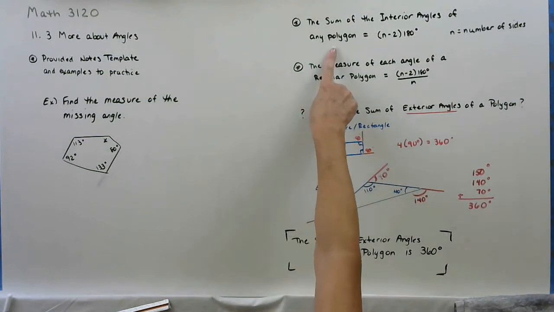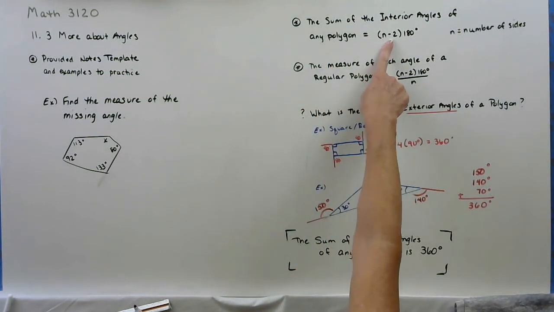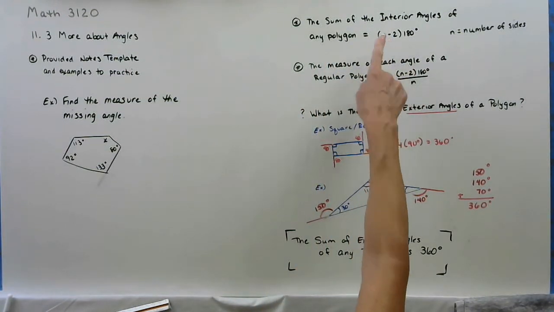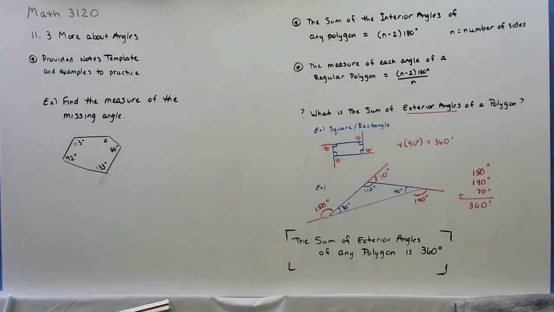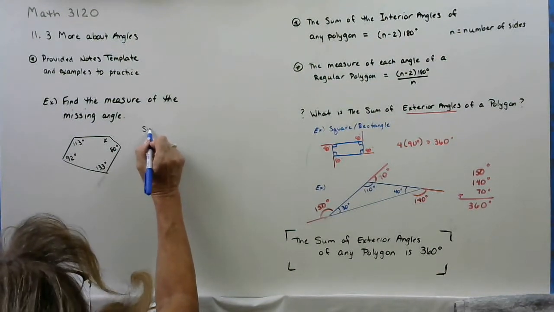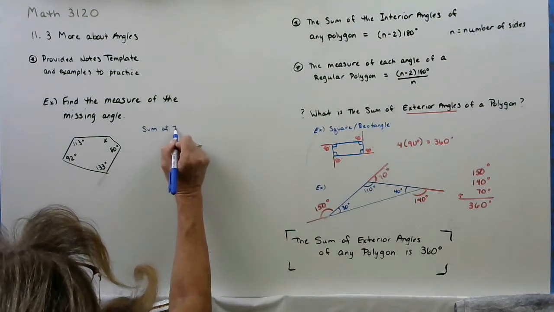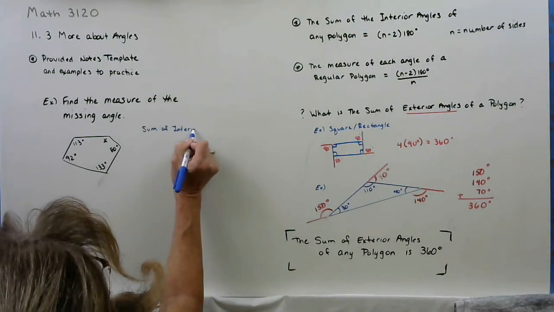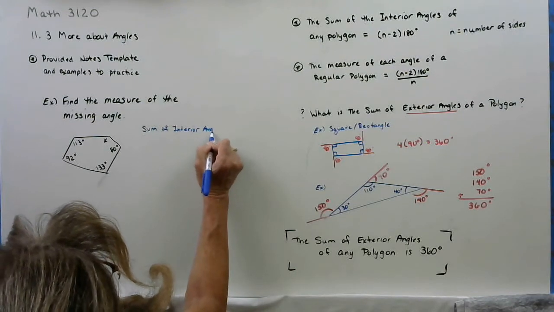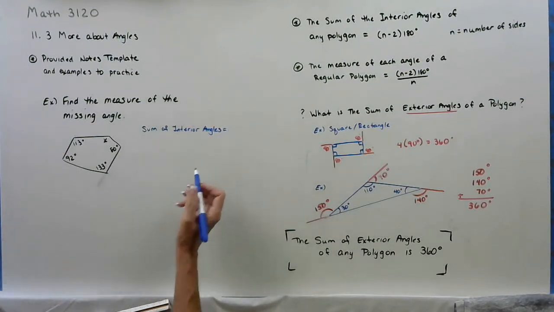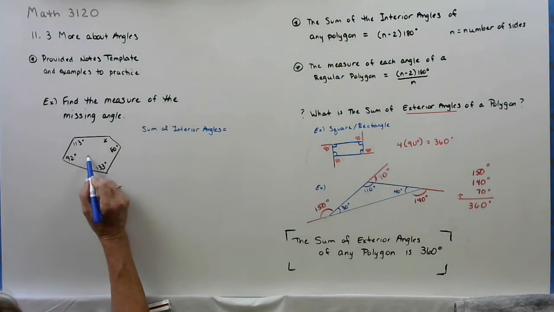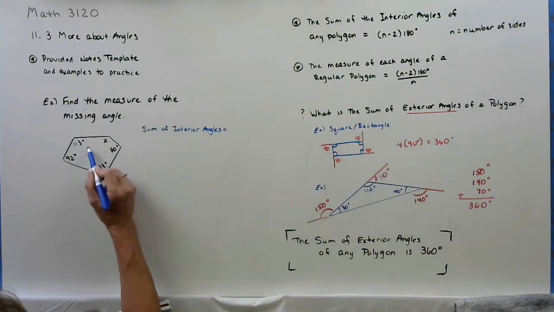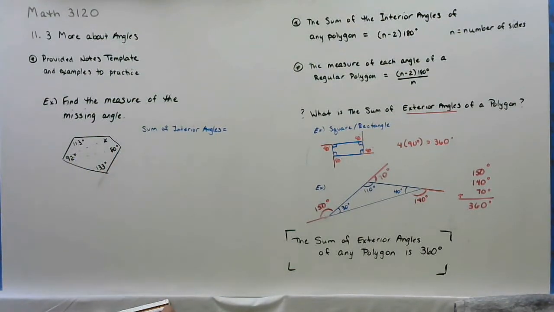Well, we know the sum of the interior angles is n minus 2 times 180, or, personally, I usually don't think about that formula. I usually figure it out by going, well, let's see, the sum of interior angles is, and remember how we just divided this into a bunch of triangles? One triangle, two triangles, three triangles.